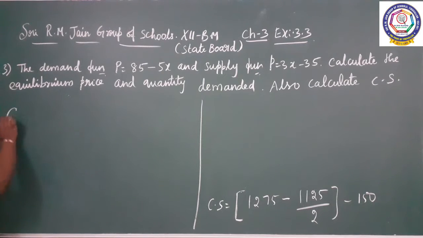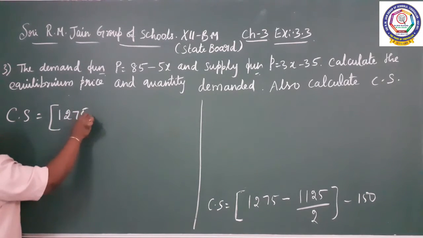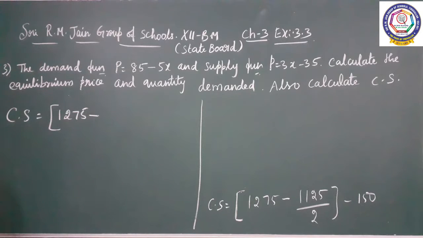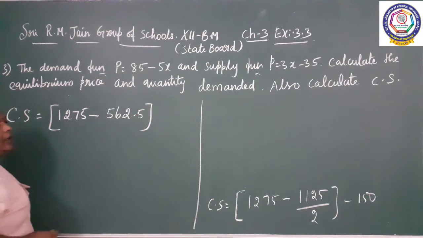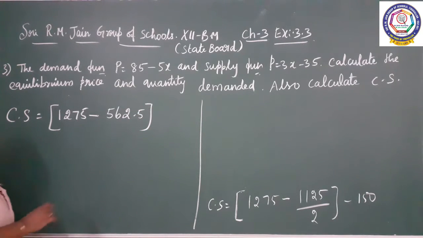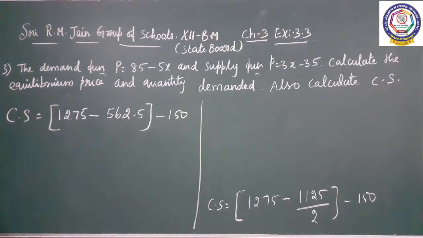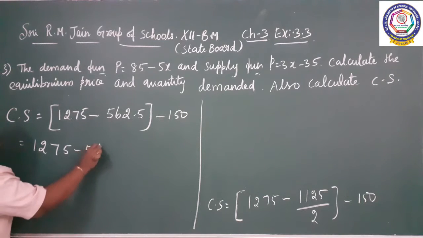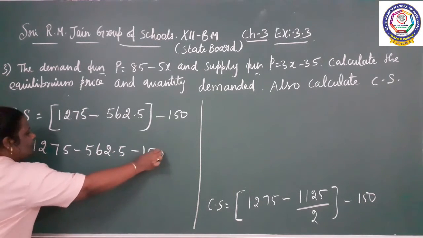So consumer surplus equal to 1275 minus 1125 by 2. What is the answer? 562.5, minus 150. So it gives 1275 minus 562.5 minus 150.